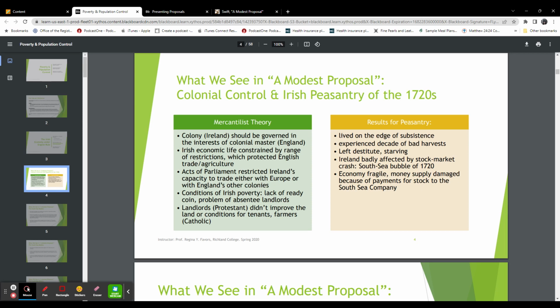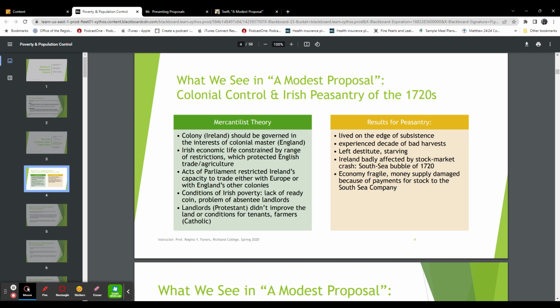Conditions of Irish poverty: lack of ready coin, the problem of absentee landlords, Protestant, who didn't improve the land or conditions for tenants or farmers. Okay, so results for the peasantry: they lived on the edge of subsistence, experienced a decade of bad harvests, and were left destitute, starving.